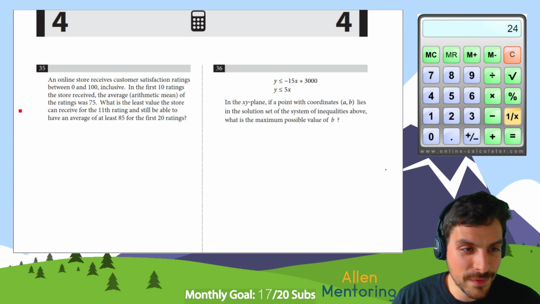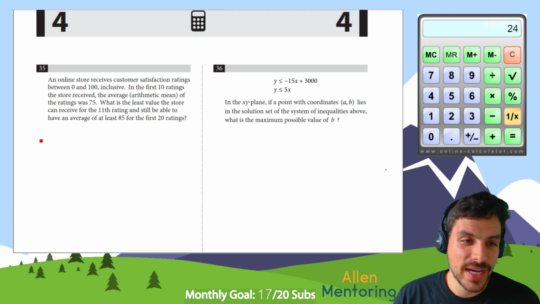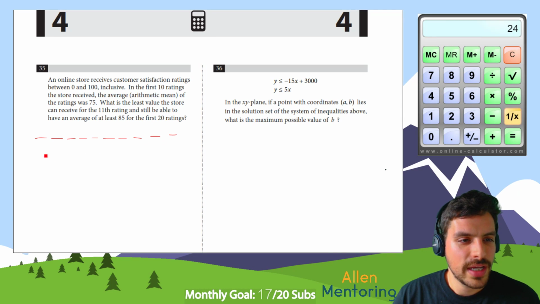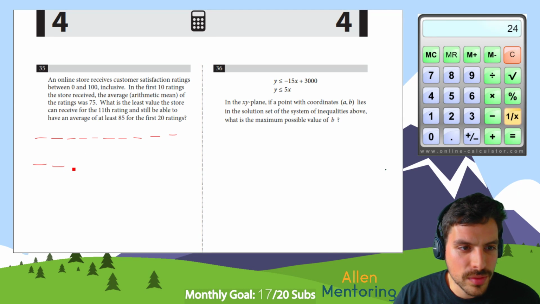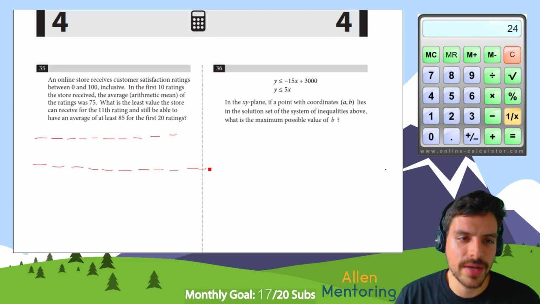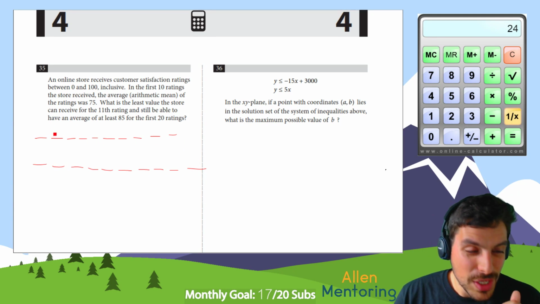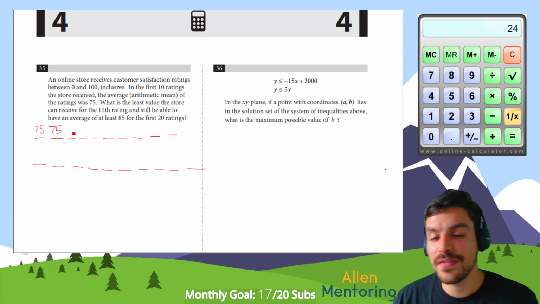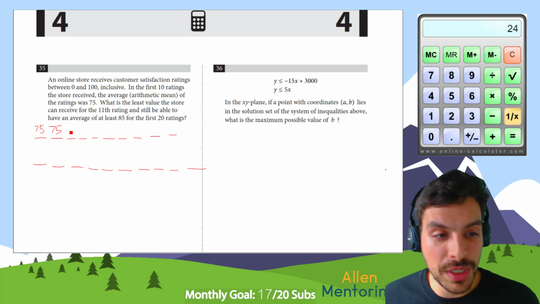So we know that the first 10 ratings have an average of 75. Okay, so if you look at the first 10 ratings, 1, 2, 3, 4, 5, 6, 7, 8, 9, 10, and let me put 20 here. Okay? So we know that the first 10 have an average of 75. It actually doesn't really matter what each of these are.